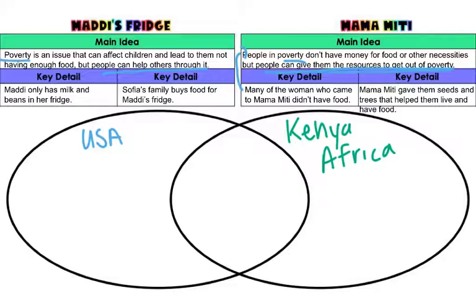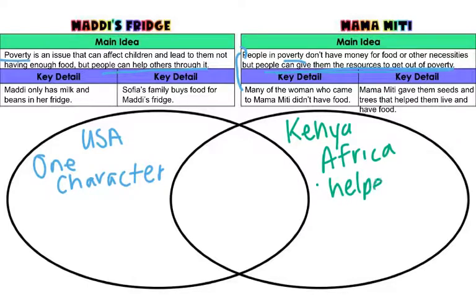In Maddie's Fridge, the person dealing with poverty was mainly one character, but Mama Mitty helped more than one.